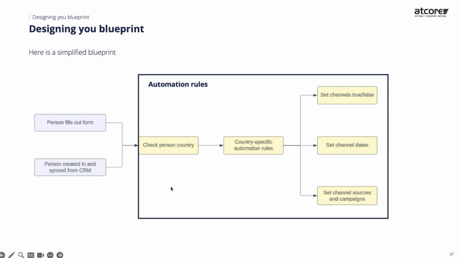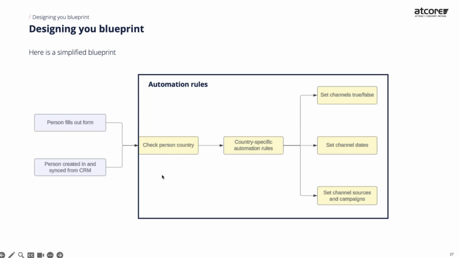So once either of those two things happen, we check the person's country, and then we have some country-specific automation rules in place that set the specific channels to true or false, set the dates for the specific channel, and also set the source and campaign for the specific channel. So this is just an overview of what I want to happen in my automation platform. Of course, as I mentioned, this is very simplified, and your blueprint should contain much more detail around the automation rules and what needs to happen. But that's very platform specific, and that's why I haven't made it more detailed than it is right now.